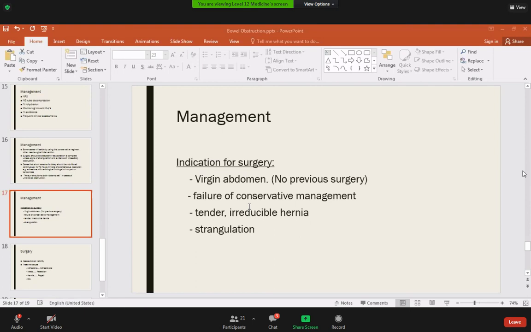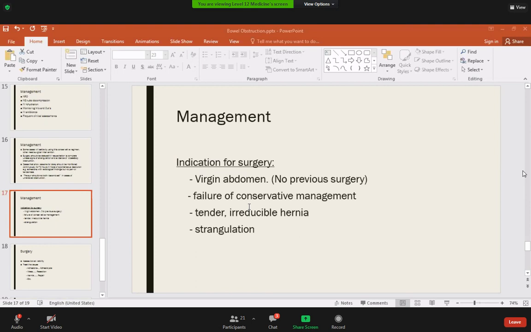You have to open the abdomen, as your resuscitation plans are not working. Then if you have given the conservative management for 72 hours and the patient is not responding, there is no complete relief of the obstruction.